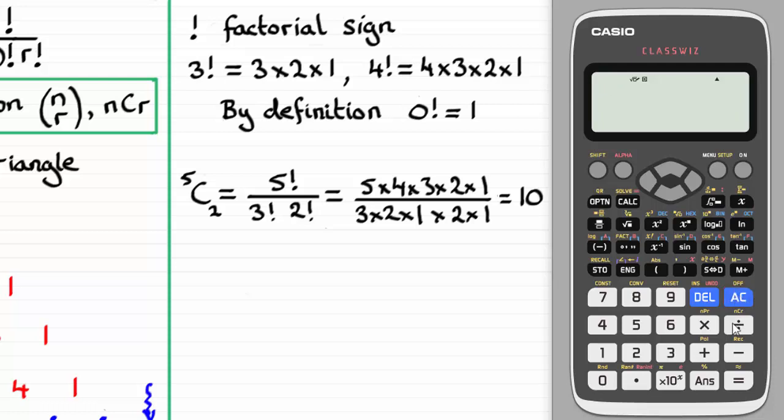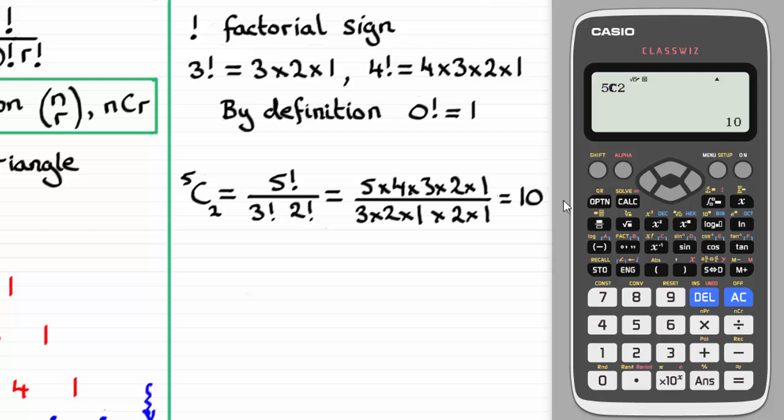Let's clear the screen and we enter 5, and to operate the function nCr, we need to use the shift key, press it, and we end up with C up here. And we need to enter the 2 now, and by pressing equals you get the result 10. So this is a useful function then when it comes to working out nCr values.